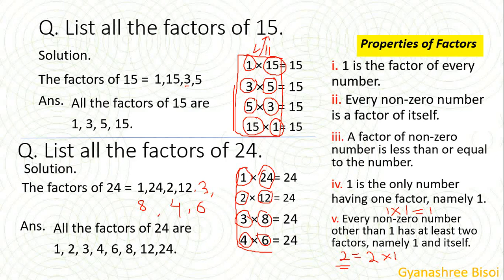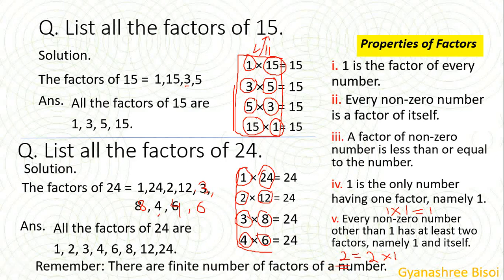I hope this is clear to you all. Solve many more questions to get good practice. And remember one thing, there are a finite number of factors of a number. How finite? See here, we cannot multiply any other numbers to get 24.